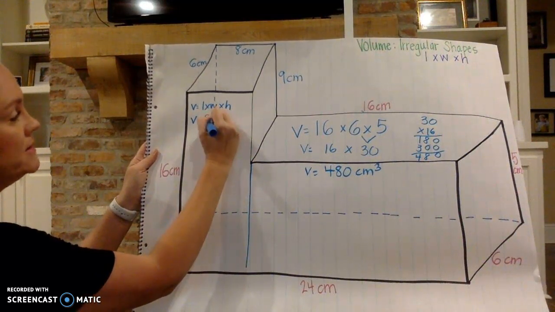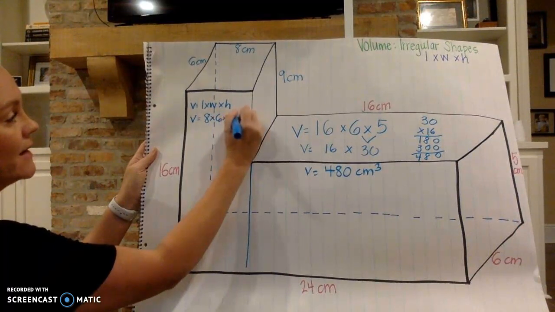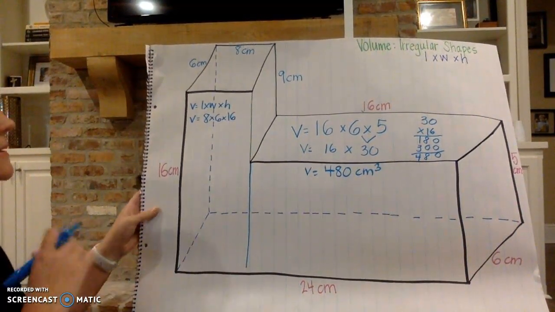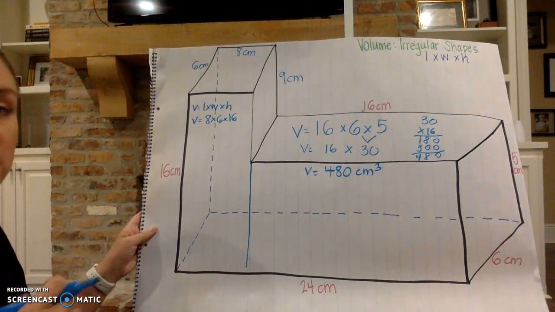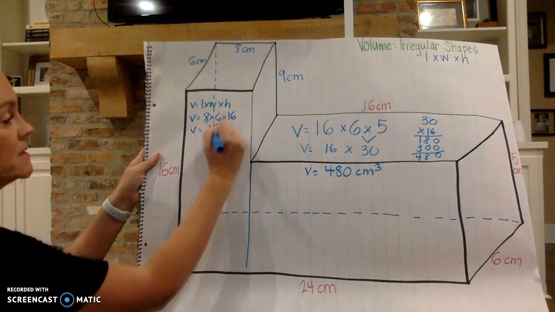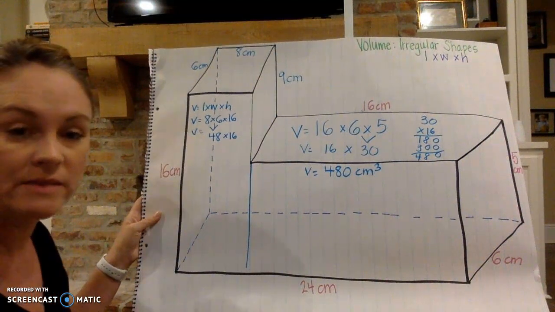My length is 8. My width is 6, and my height is 16. Okay, now I'm going to combine the first two numbers that I see that go together. I know that 8 times 6 is 48, and now I need to multiply 48 times 16.